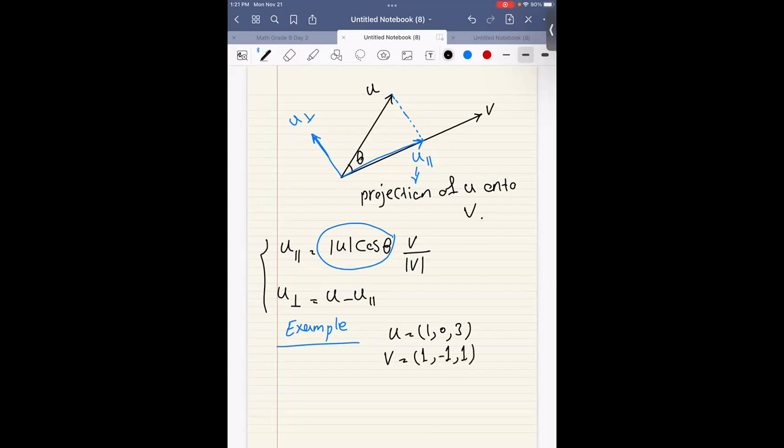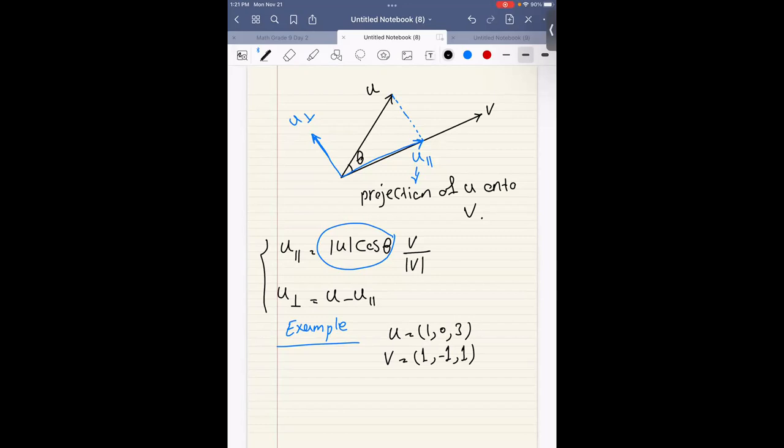Now the question is to find the parallel part and the perpendicular part of u with respect to v. In other words, find the projection of u onto v and also the perpendicular part. But you need to find theta.